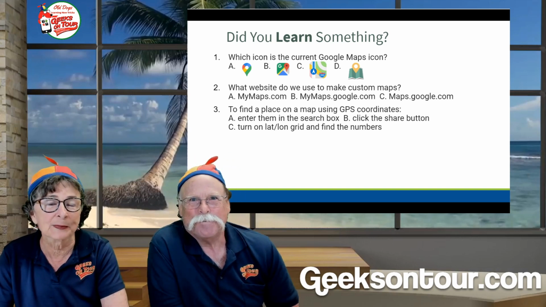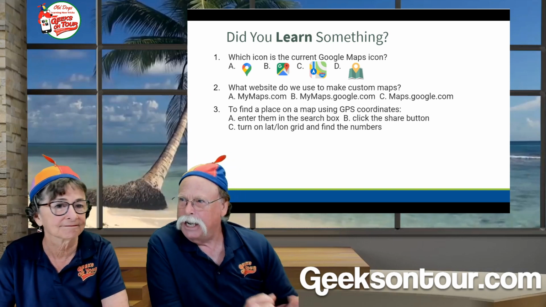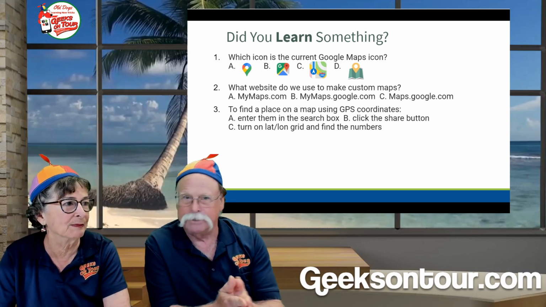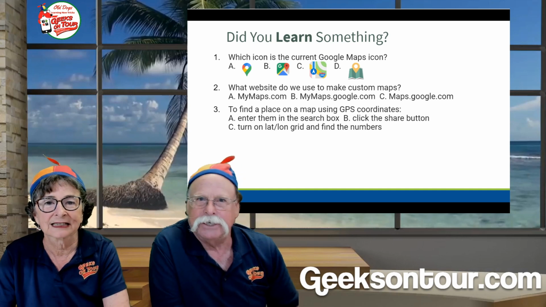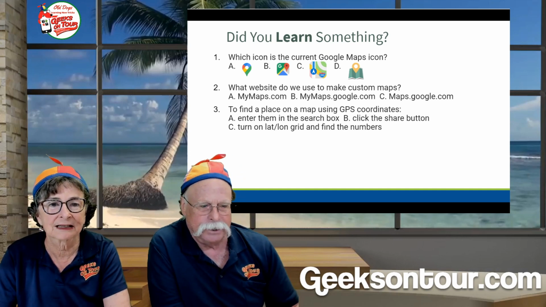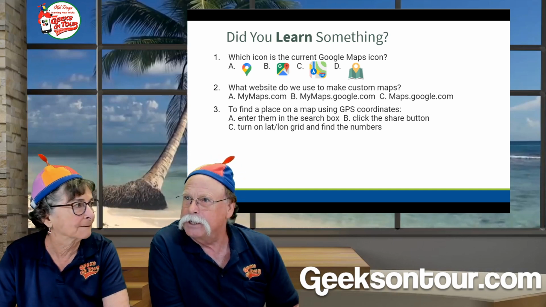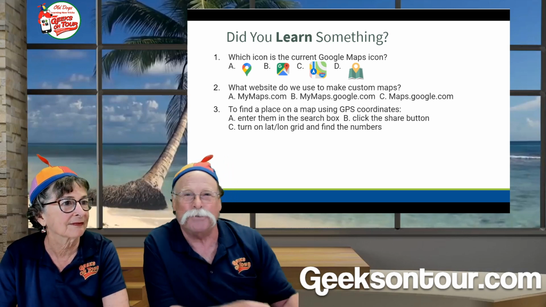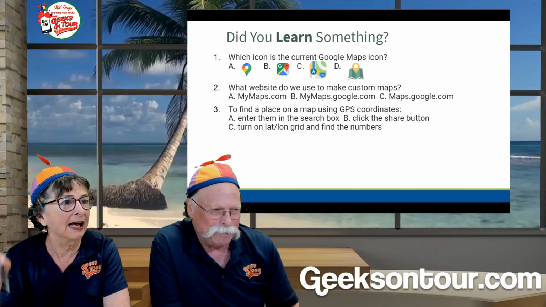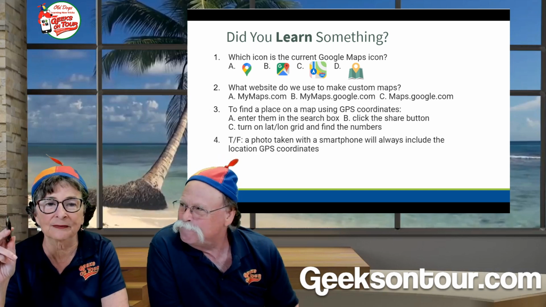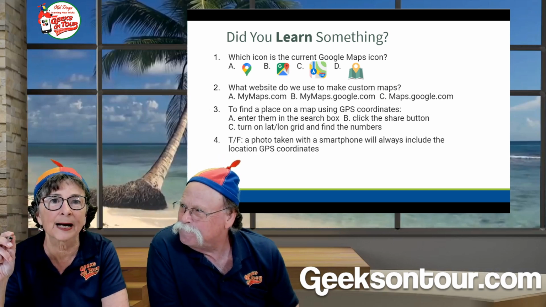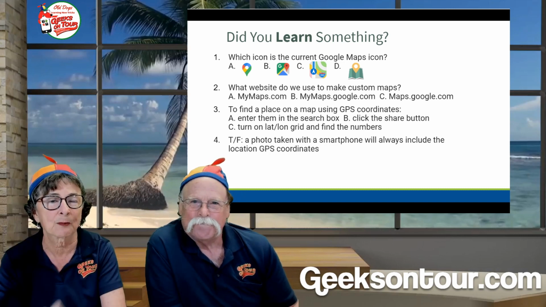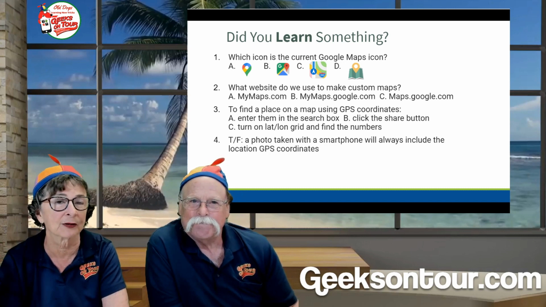A, enter them in the search box. I remember when you had to have either decimals or degrees and minutes. That was crazy. Now it's a lot easier. And I remember having to get a converting program to go from one to the other. And you may have noticed that Google Maps gives you just the decimal, but it does have other options.